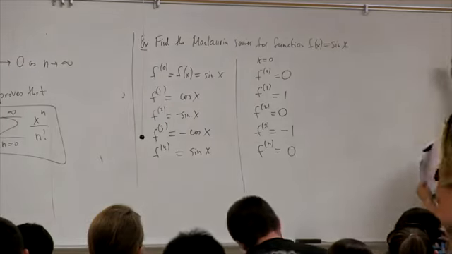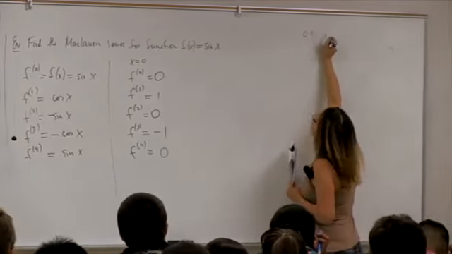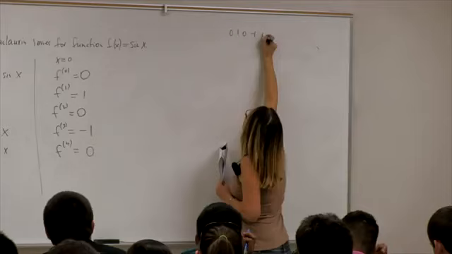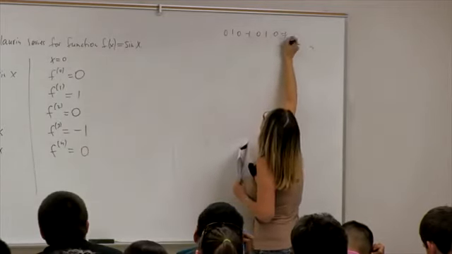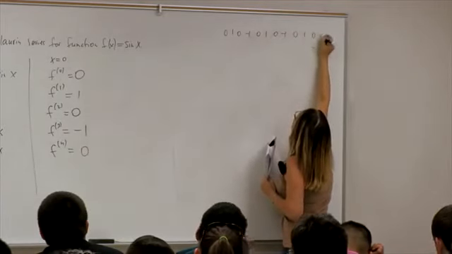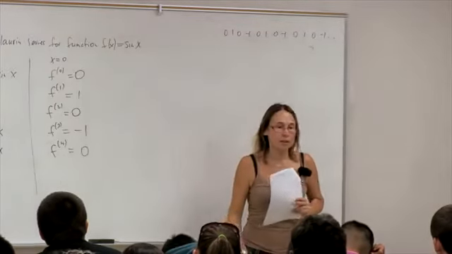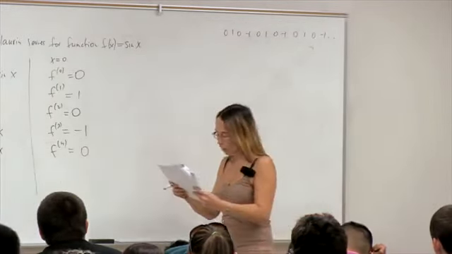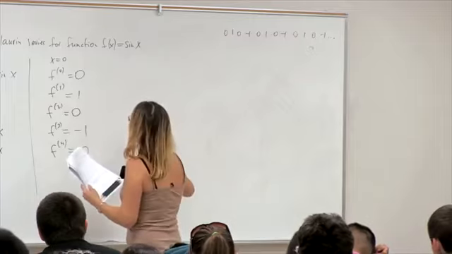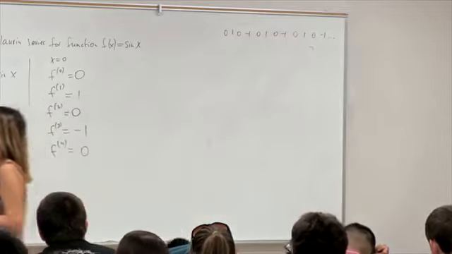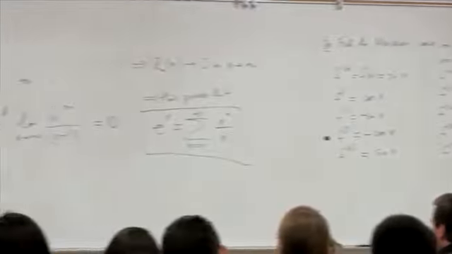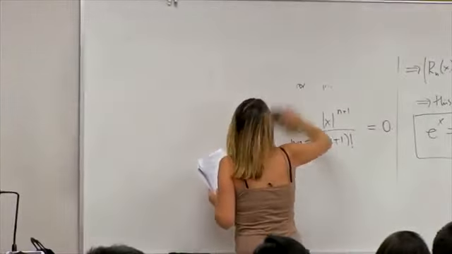So what is the sequence? 0, 1, 0, minus 1, 0, 1, 0, minus 1, 0, 1, and so on. Right? These are all the derivatives of sine evaluated at 0. Okay? So let us use this information to write down the Taylor series for this function.